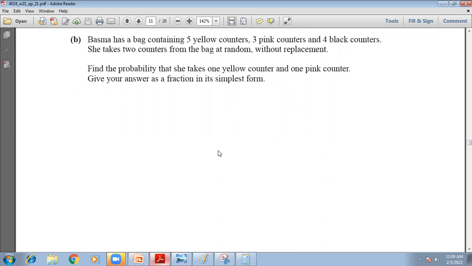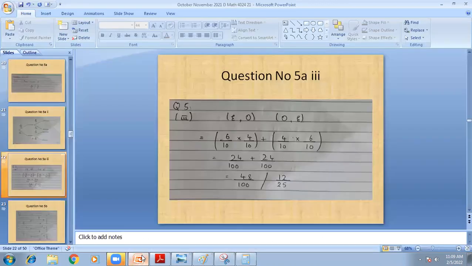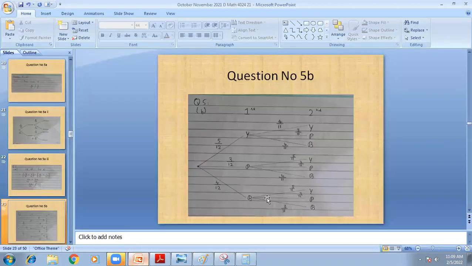Give your answer as a fraction. The probability, so this means yellow, pink plus pink, yellow. The probability of yellow, pink plus the probability of pink, yellow. So very easy, but this time they are not replacing the counters back into the bag.